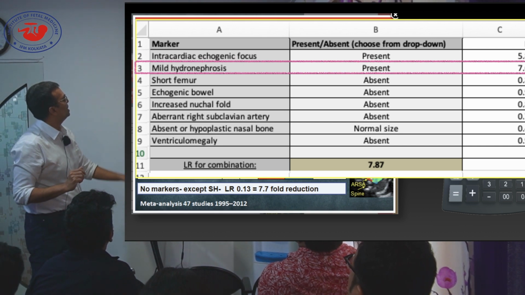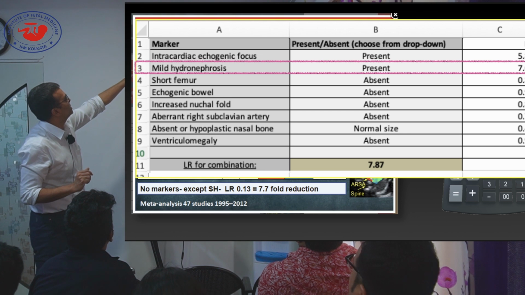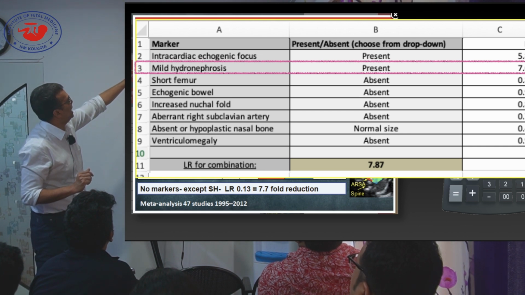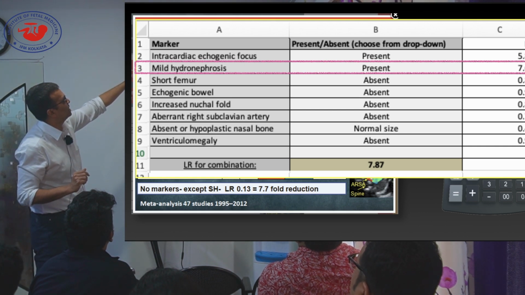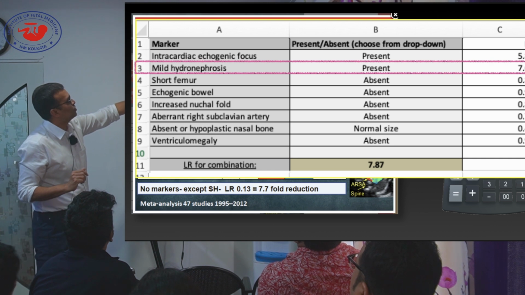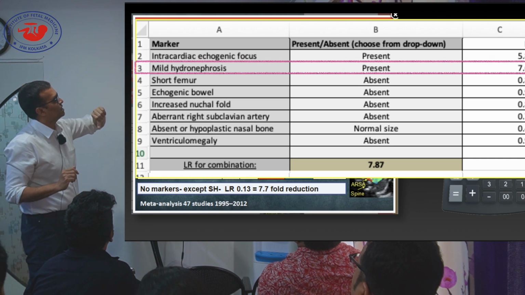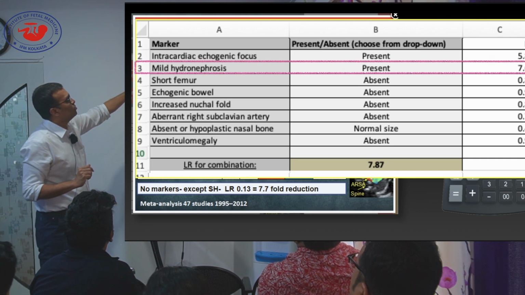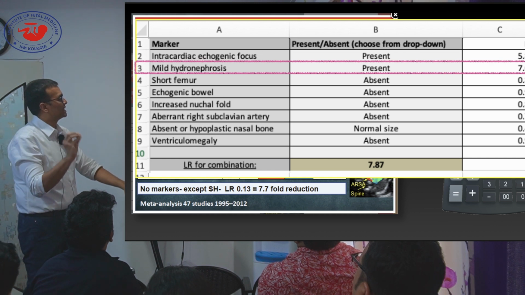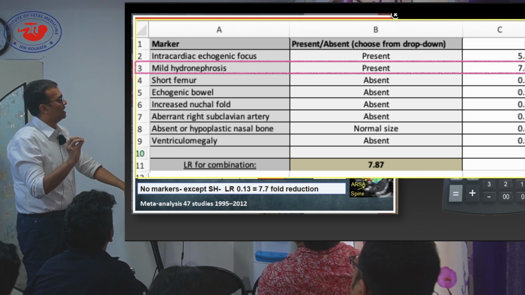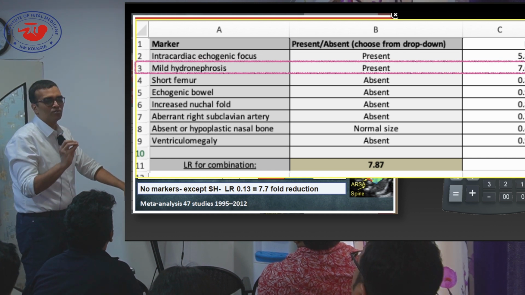If you have echogenic intracardiac focus and on top of that you have mild hydronephrosis, then your LR of combination goes to 8. So the take home point is, whenever you see pelvic ptosis, you understand that it is one of the soft markers.